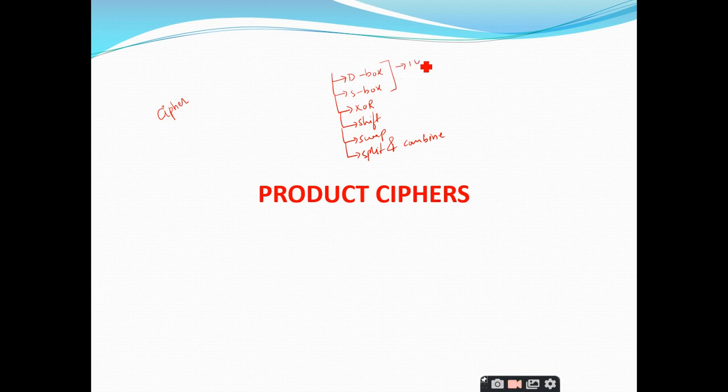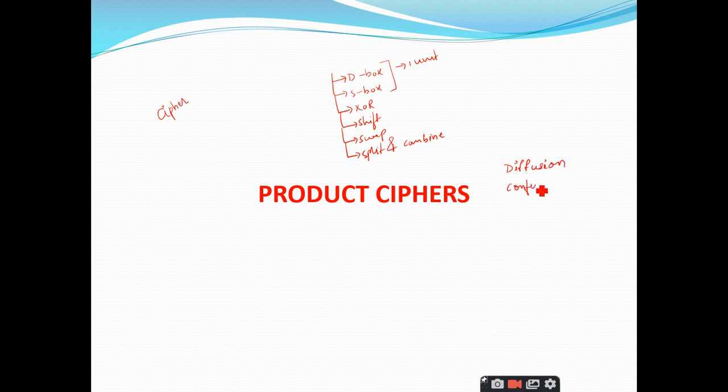So if I say that this is one unit, and these units can be repeated n number of times, right? So why we are doing all these things? Why we are making use of a combination of D box and S box? Similarly, why we are increasing the number of units is in order to achieve the concept of diffusion and confusion.